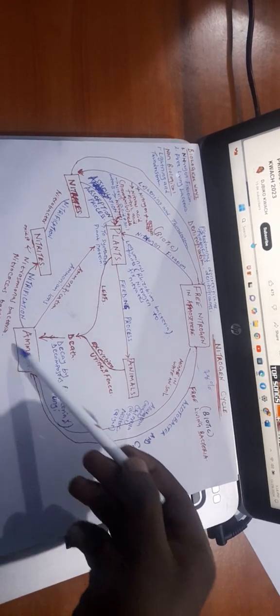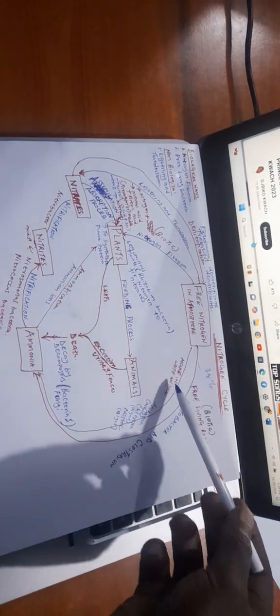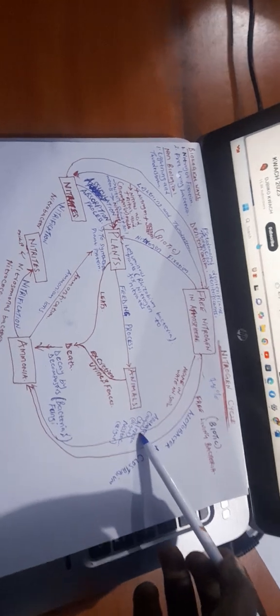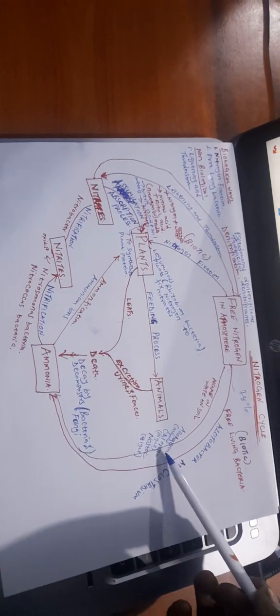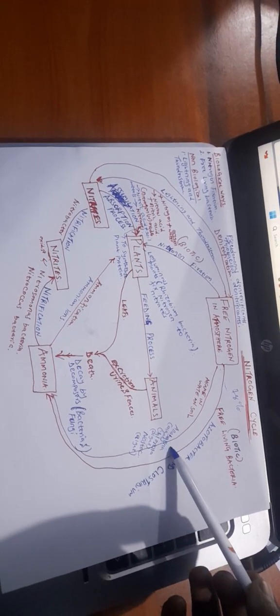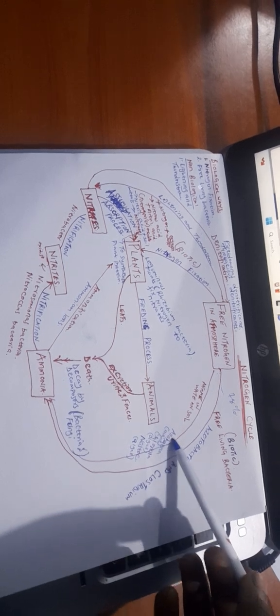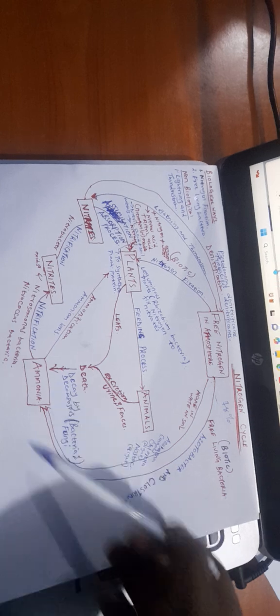We fix the nitrogen and continue with the same process, as well as the algae in water and in the soil, and this one will be done by some bacteria called chlorella and nostoc and anabaena bacteria. Those are found in the algae, and they convert the nitrogen to ammonia, and the process continues.